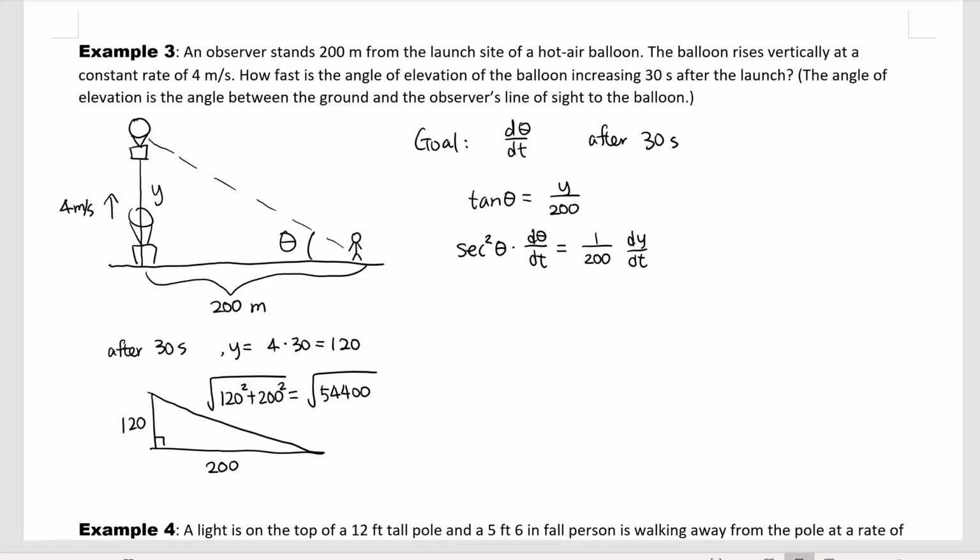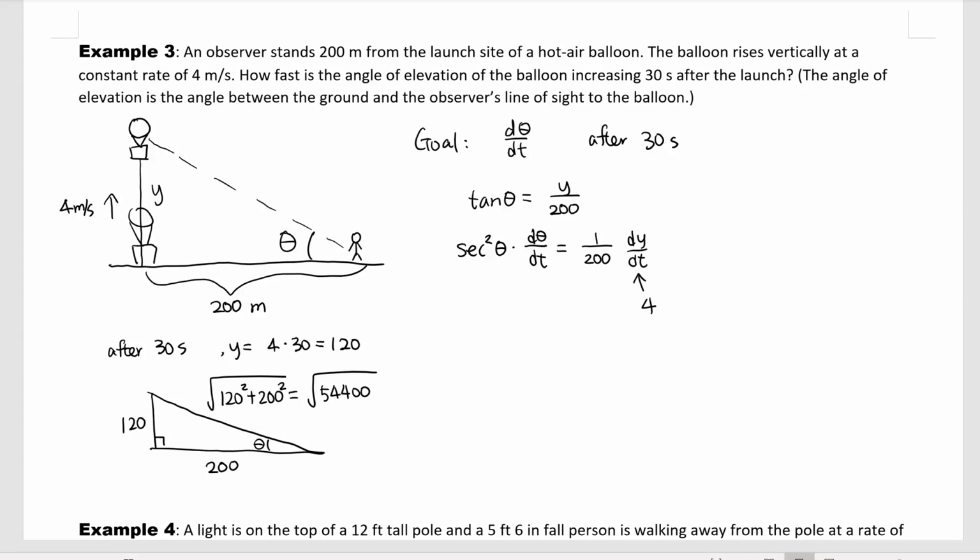So what are we looking for? We are looking for d theta dt. Here dy dt we know is 4. But what is secant? Secant theta is 1 over cosine, and cosine is adjacent over hypotenuse, so secant is hypotenuse over adjacent.